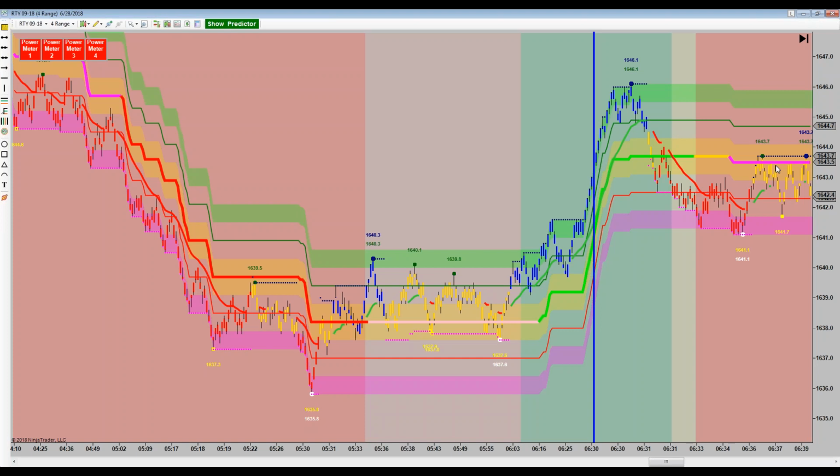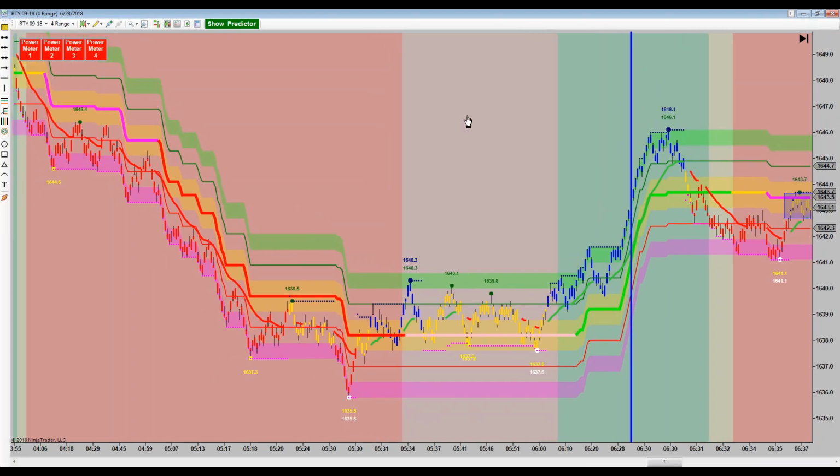Now, when I first showed this cluster of bars right here, many of you said trade both, and I can understand why. Because at the time that this formed, let me go back. When I paused, the first pause, it looked like that. Many of you typed in both, and I can understand why you did, is because there's sort of a conflicting point of view on what could happen from here.